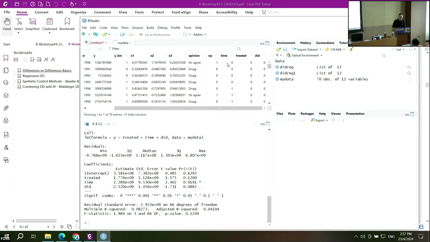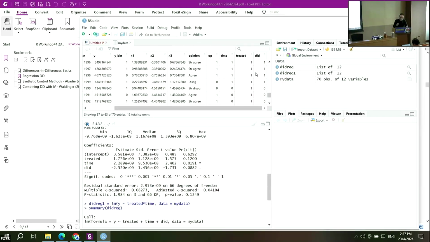You don't necessarily create that anymore. So time period 0 means before, time period 1 means after, and for treated, 0 is not being treated, and 1 is treated already. What you really create in the process is the interaction term of time and treatment, which gives us the difference in difference.